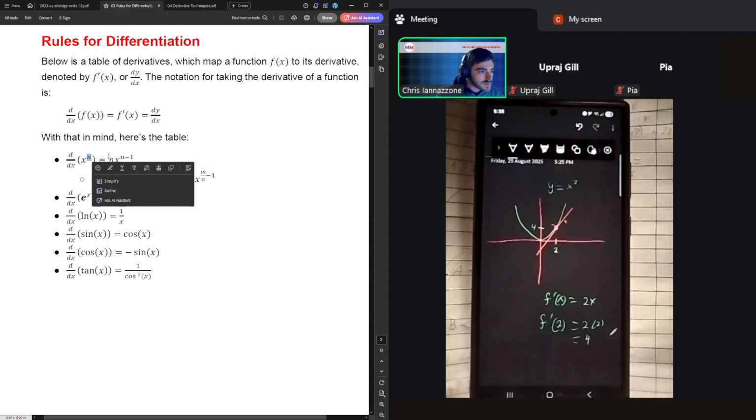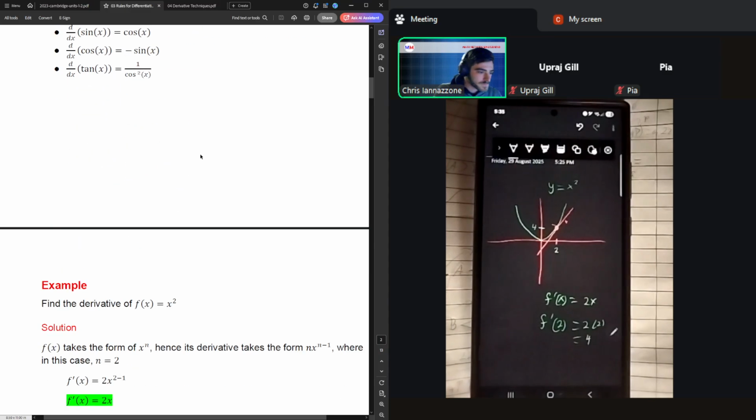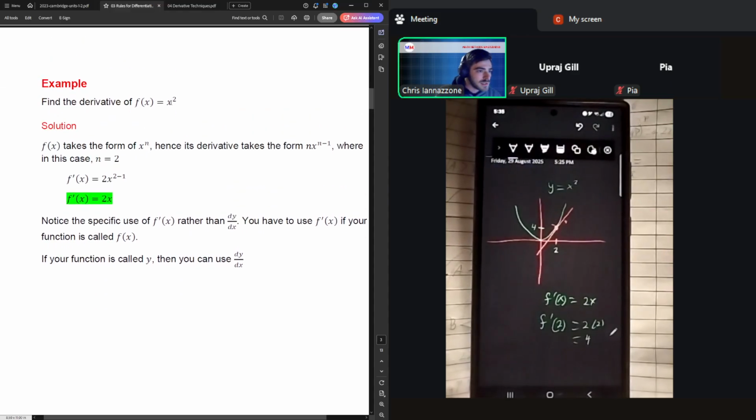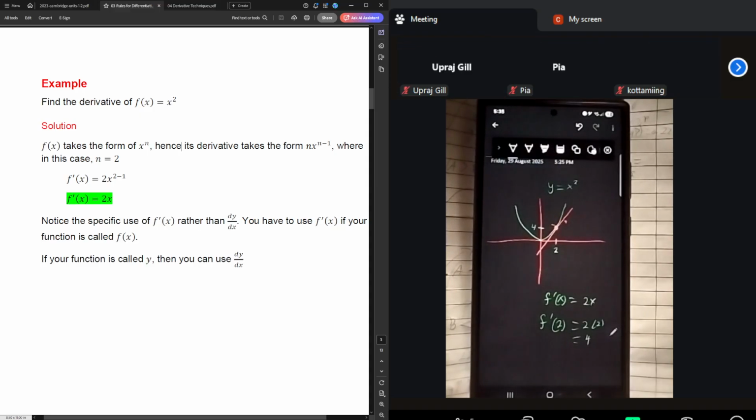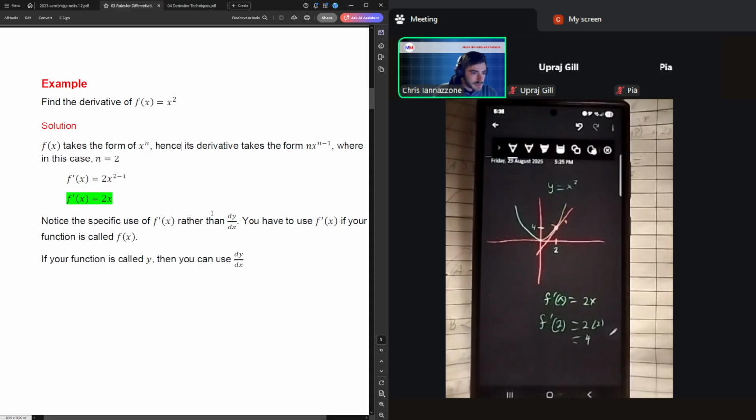So n comes from the top down to right beside the x, and then that power of n gets reduced by 1. We see an example of this here. This is x to the power of 2, so n is going to be 2. The 2 drops down to the front, and then you subtract 1 from the 2 on top. That's how we got to 2x in the first case. That's how it works for power functions.